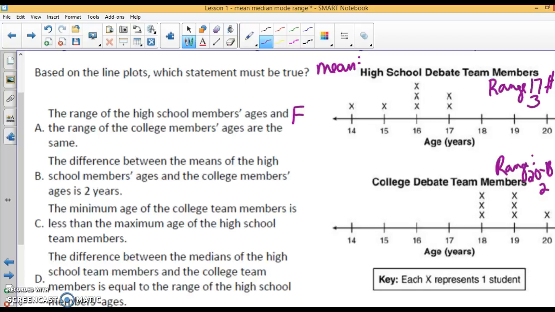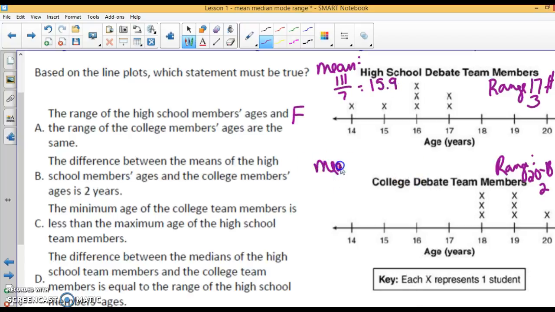To find the mean, we are going to add these all together. I'm going to have 14 plus 15 plus, and so on. I'm going to have 111 divided by 1, 2, 3, 4, 5, 6, 7. I'm going to get 15.8 or 15.9.